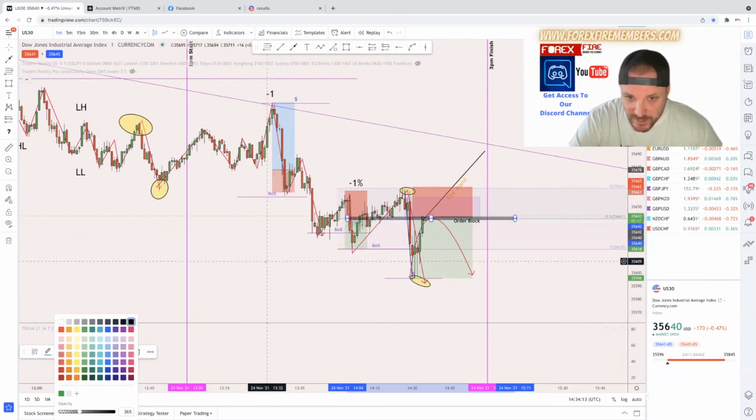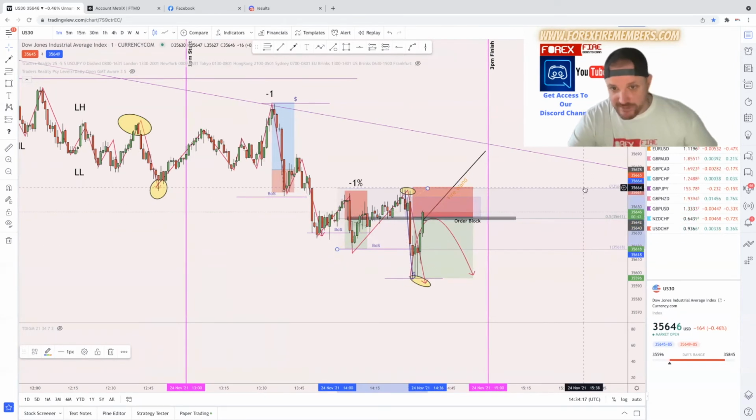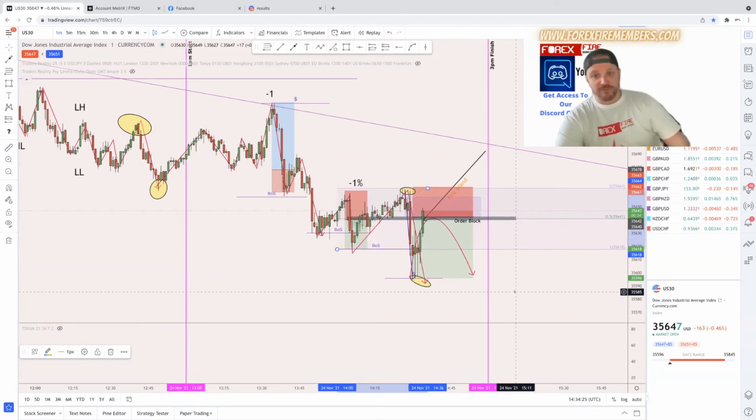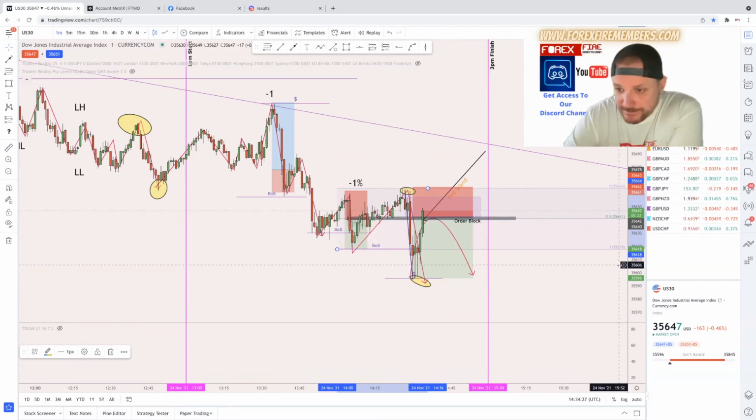So the 50% of that retracement, there's the entry there. Now, is it going to hold? Is it going to hold the structure point? Or will it push down for us? Let's see.